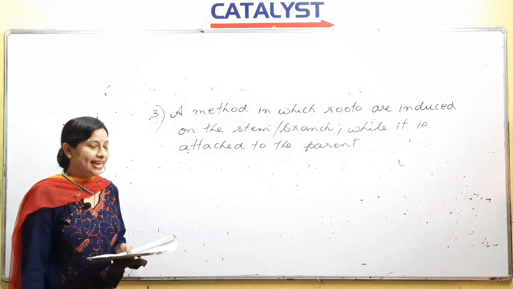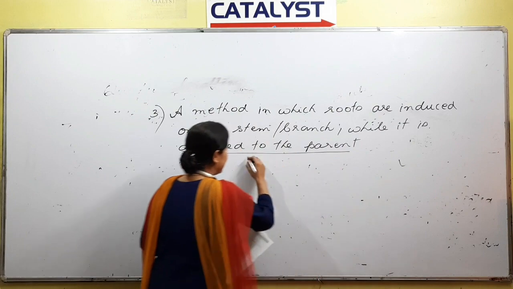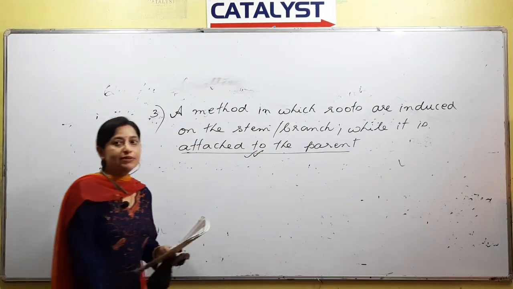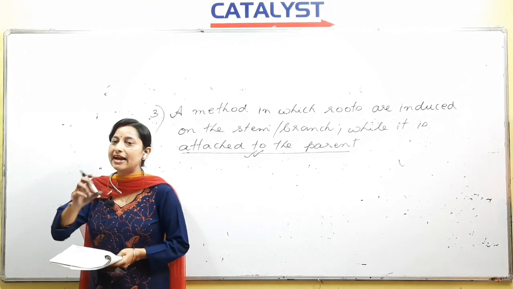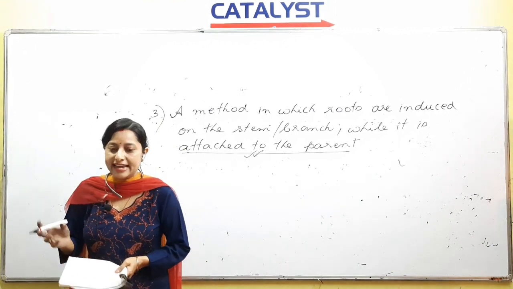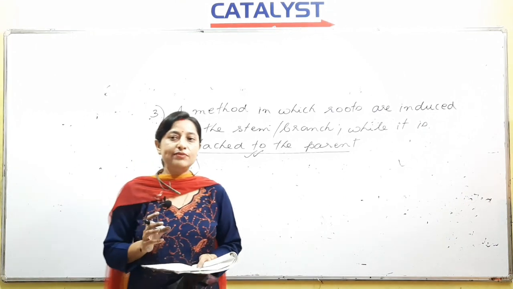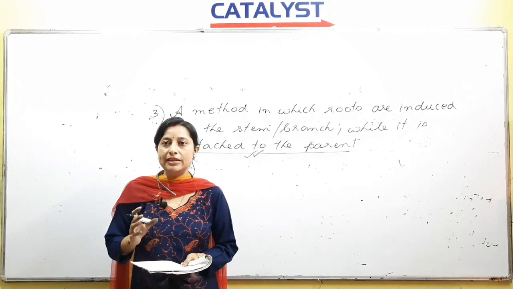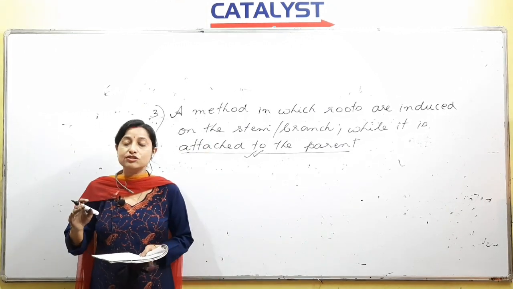Exactly. The answer is layering. How did you get the answer? This part is important. We have been talking about cutting. In cutting, we cut that portion and made a plant. Next we have discussed layering, right? In layering, what are the points that we need to remember? The plant or adult has a basal branch, and that basal branch is not very far away from the ground.